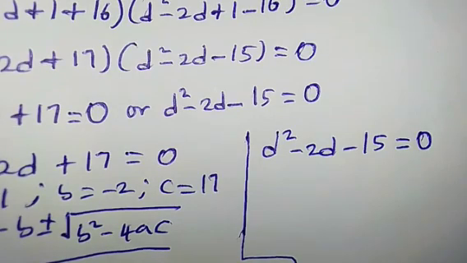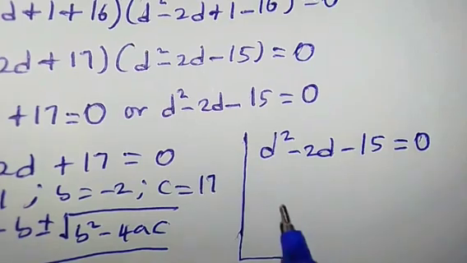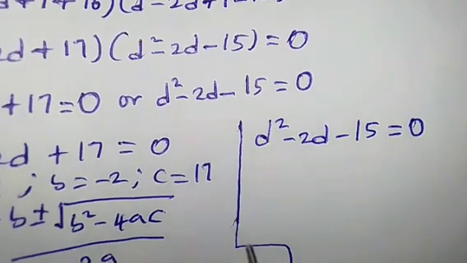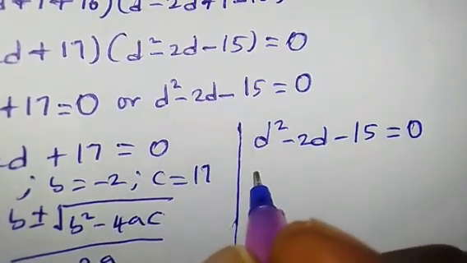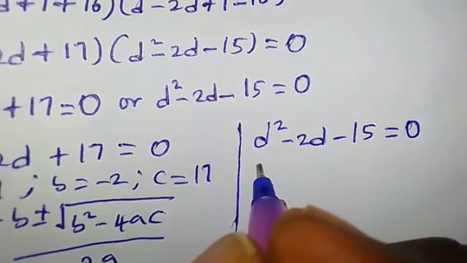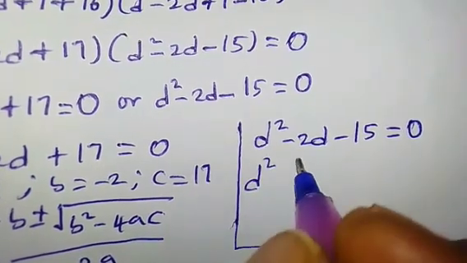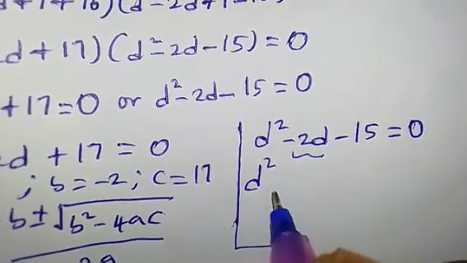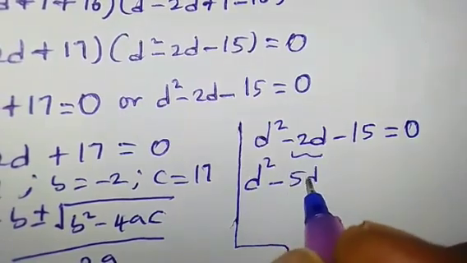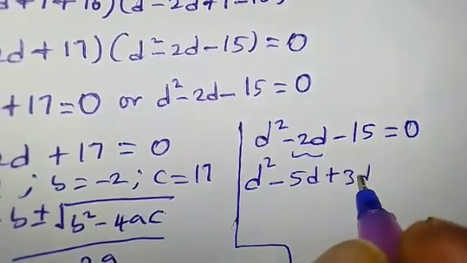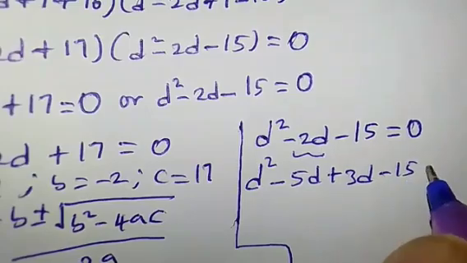If you look at this quadratic equation very well, you will notice that it is factorizable. So let's factorize it. That will be d^2 − 5d + 3d − 15 equal to 0.